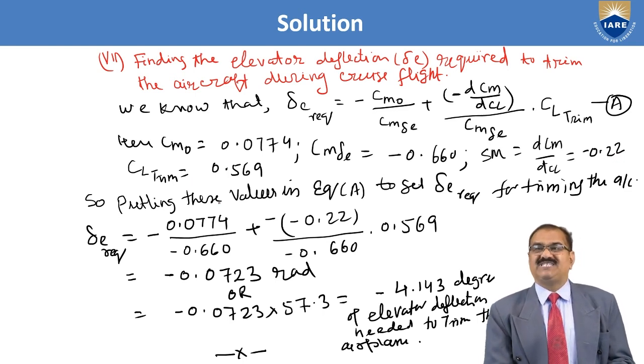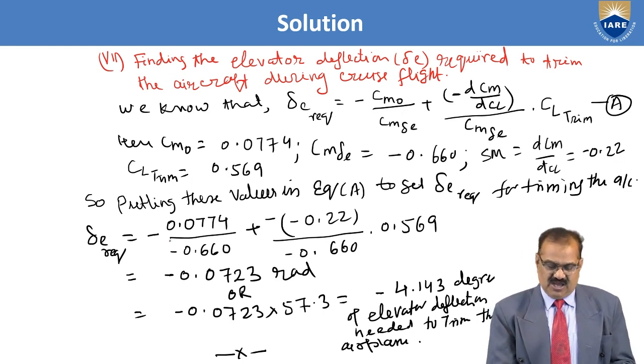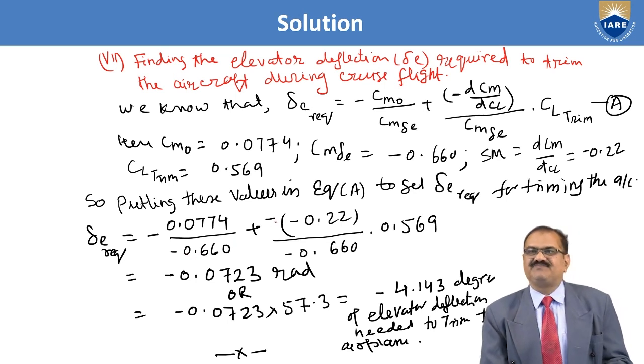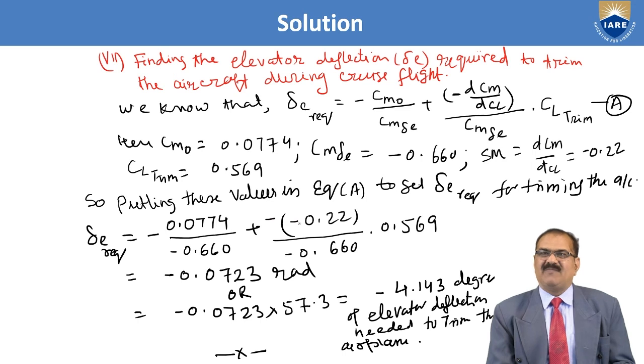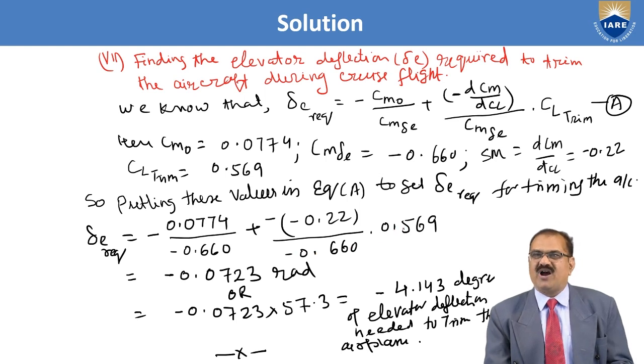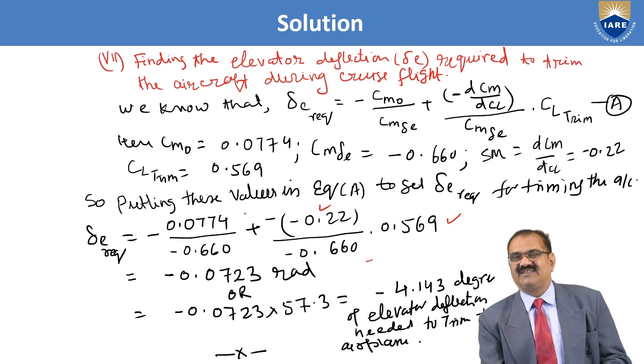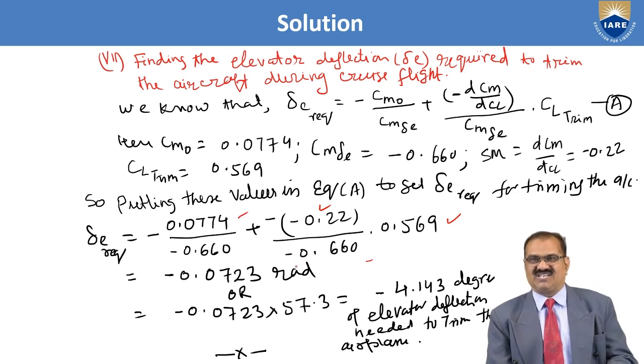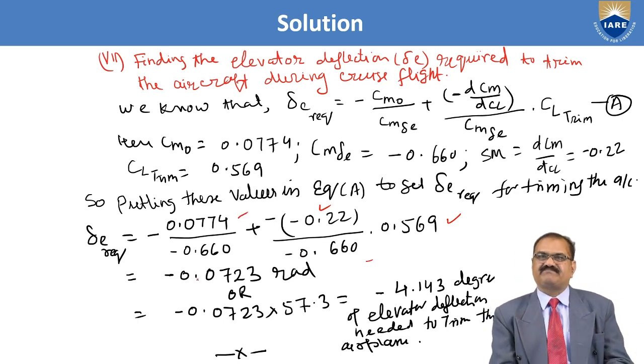If we put all these values in this equation, delta E required is equal to minus 0.0774 divided by 0.660 plus, here is the minus, 0.22 divided by minus 0.660, into 0.569. We have already found all these values in the previous answers. So here we got delta E required in radians.